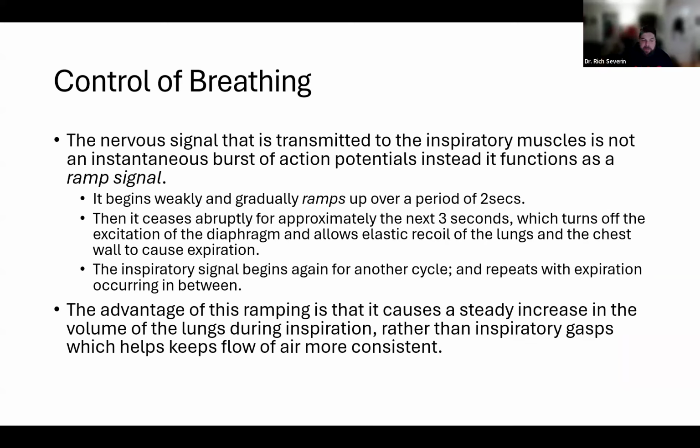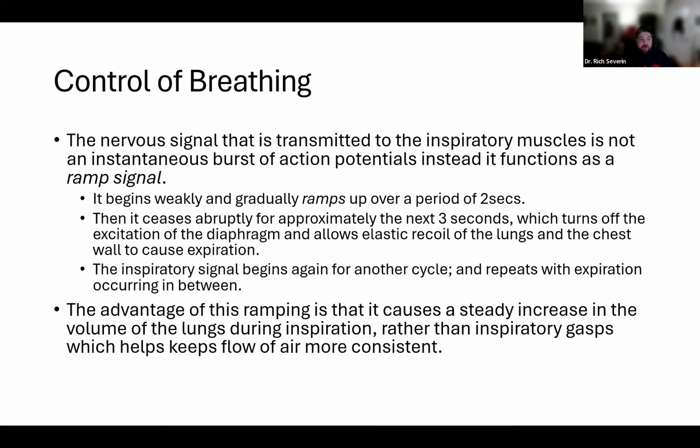I only bring this up because it illustrates again how complex and sophisticated our control of breathing is. This pattern allows us to have smooth and controlled breaths. We don't have sudden drops and increases in volume. It's a smooth transition to allow for the lungs to recoil and the breathing muscles to relax.